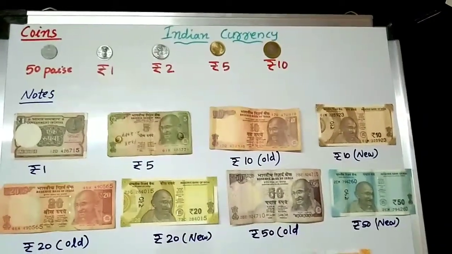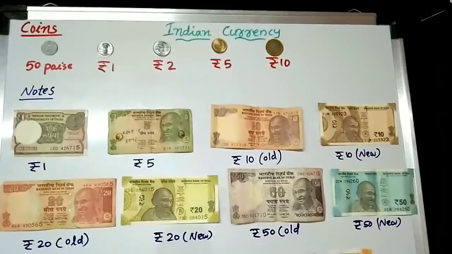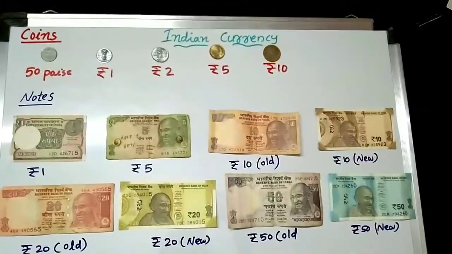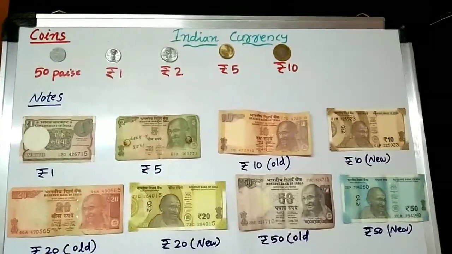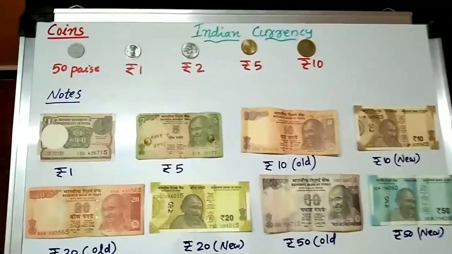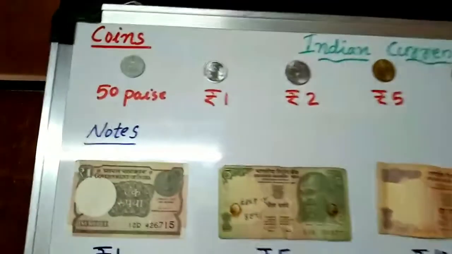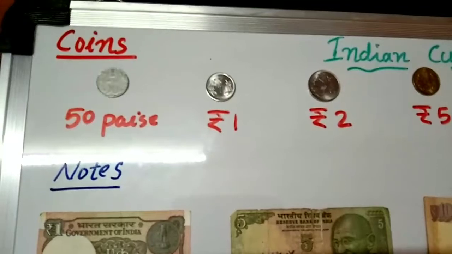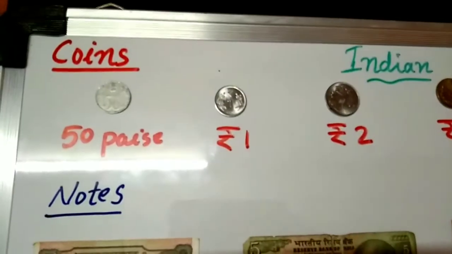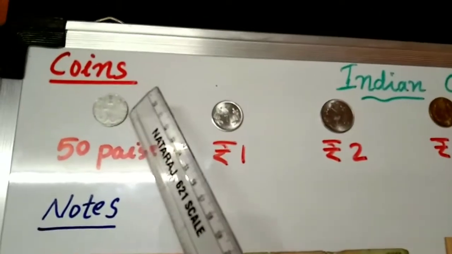Dear children, these are the coins and notes in India. In India we use rupees and paise. These are the coins in India. First one, 50 paise coin. This is 50 paise coin.